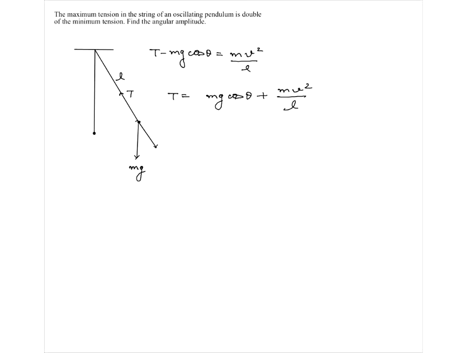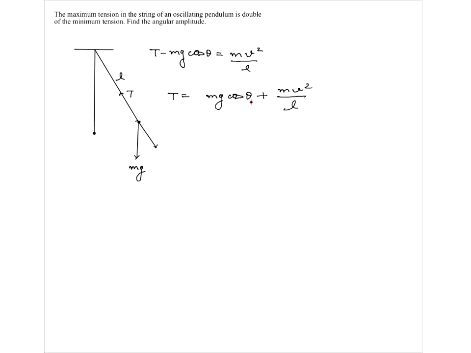When do you think tension is maximum? When cos theta and v are the two variables. When theta is maximum, v is maximum. Do they? No. Cos theta is decreasing function. When theta is minimum, v is maximum. So 0.